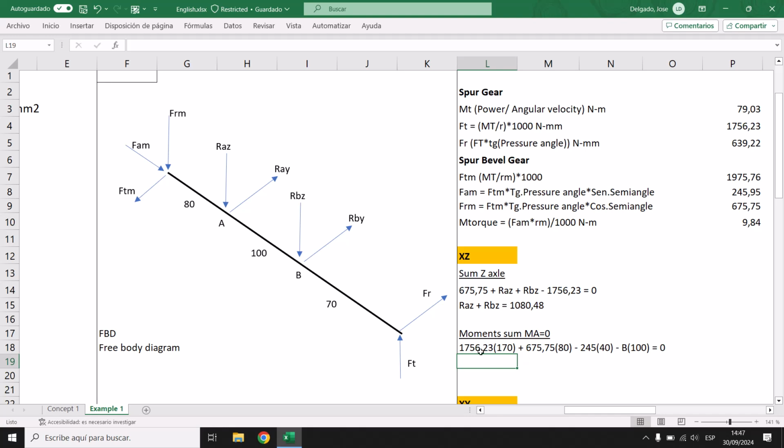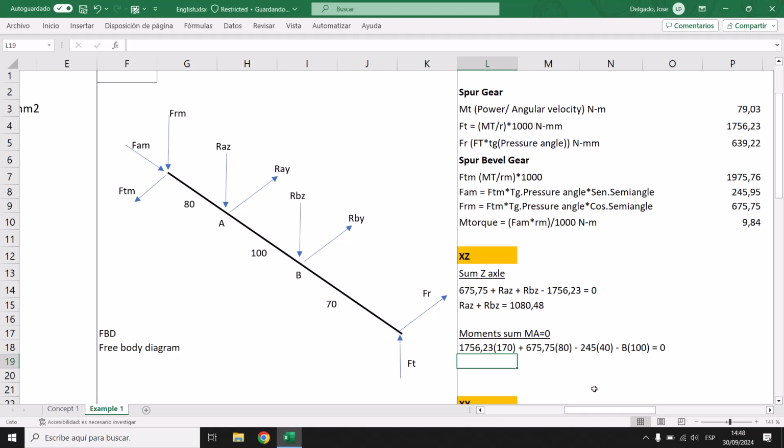Why this? As you can see, the tangent force is multiplied by its arm, 170. Then plus, in this section, we have the radial load multiplied by its arm, and then we have our reaction in B multiplied by 100.